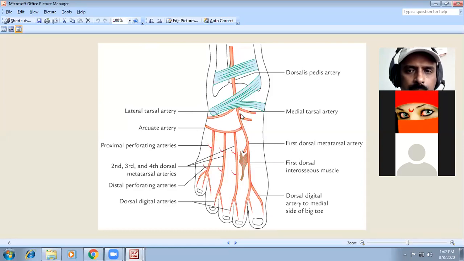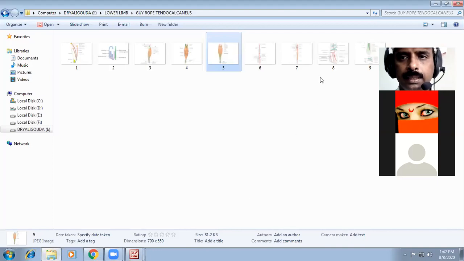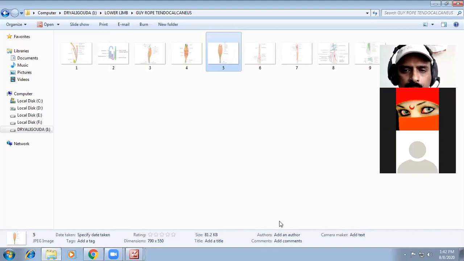Arcuate artery, medial tarsal, lateral tarsal, you have to remember all of these. So this is all about the lower limb. These are the relations of the dorsalis pedis artery.